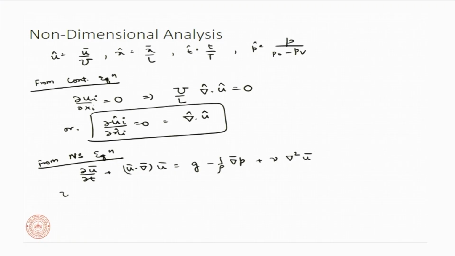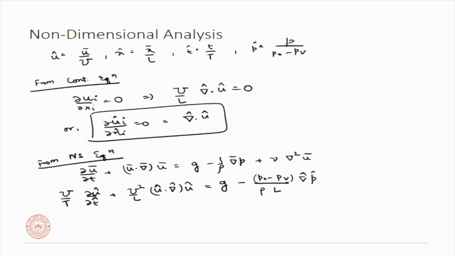Now, if we normalize, this becomes U over T del u cap by del t cap plus U square over L u cap dot del cap u cap equals g minus, this becomes P naught minus P v over rho into L del cap p cap plus nu U over L square del cap square u cap.